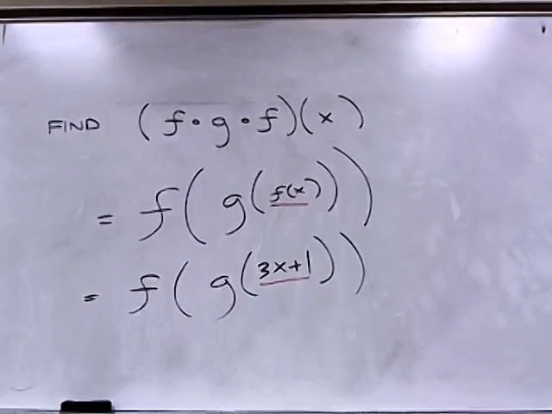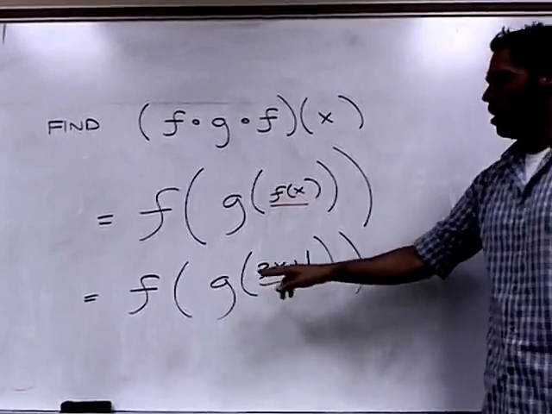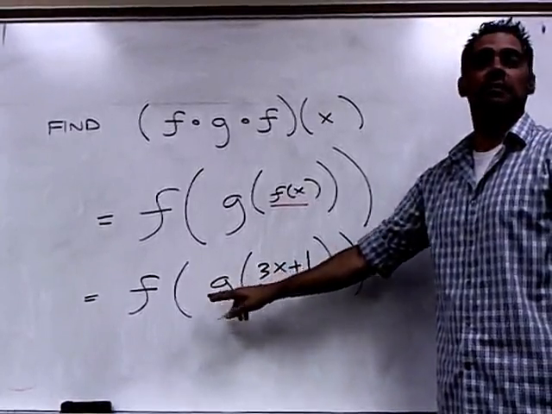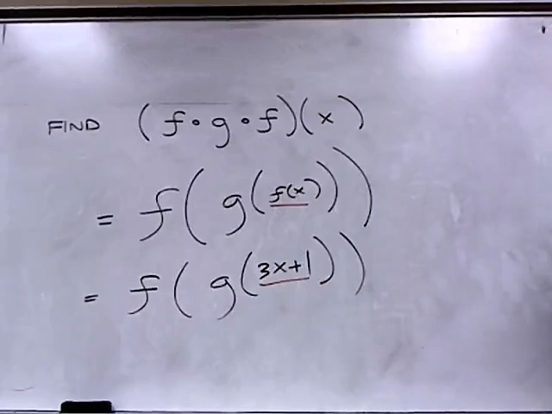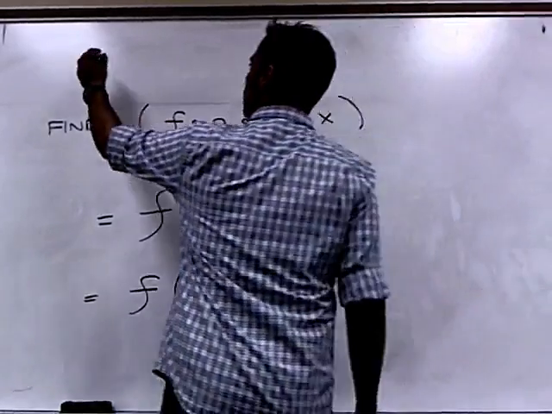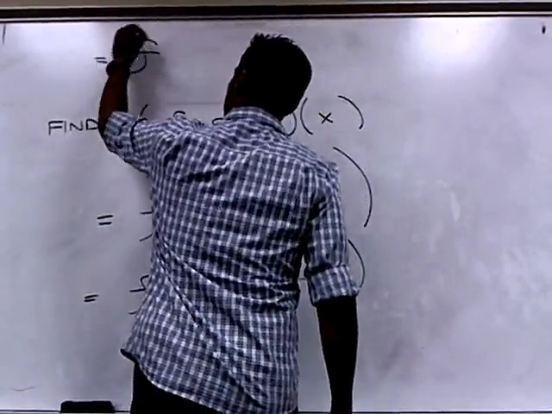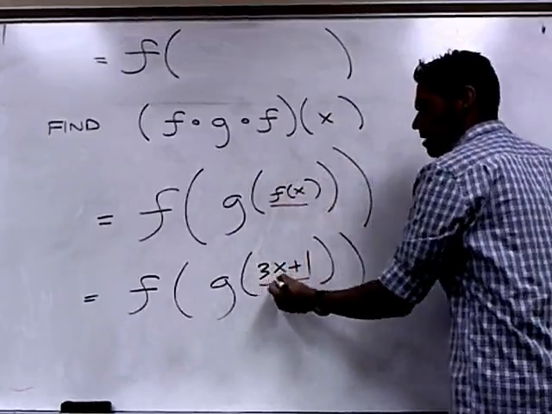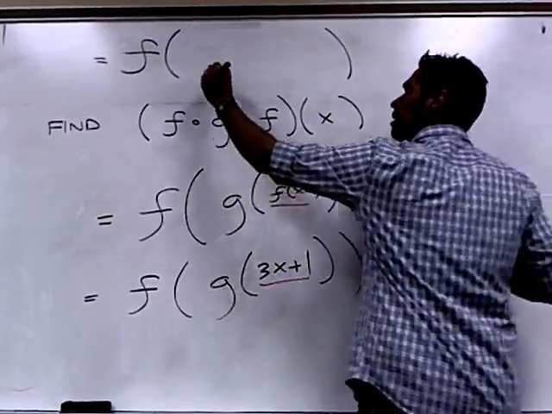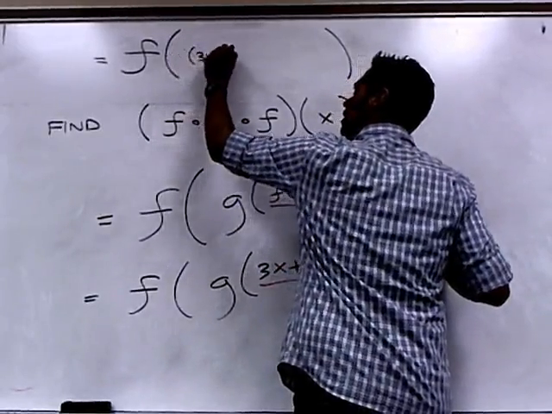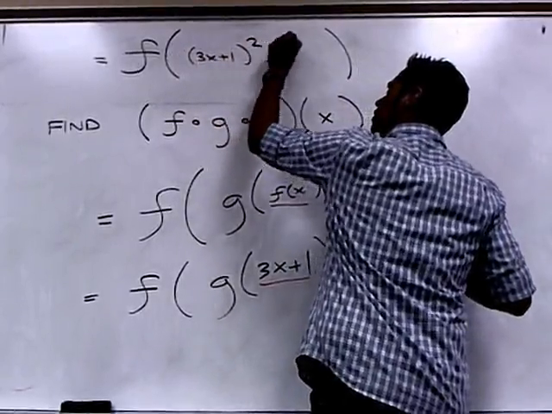What happens when you take 3x plus 1 and plug it into g? I'm running out of room here. F's still sitting here. What happens when you take 3x plus 1 and plug it into g? Wasn't it this? Wasn't that it?